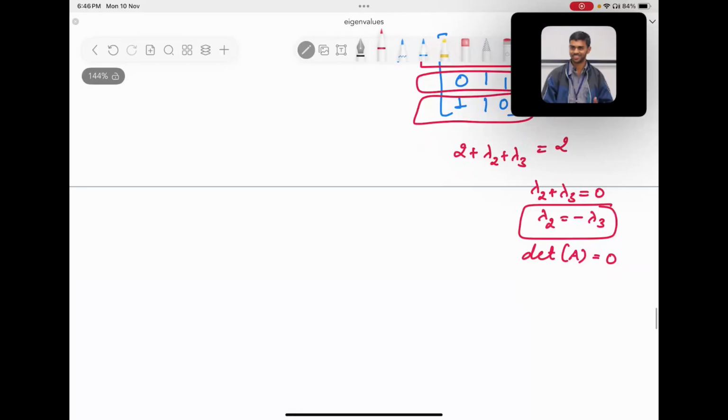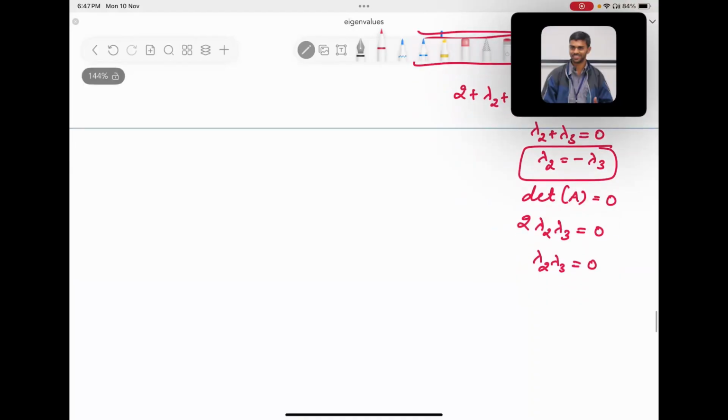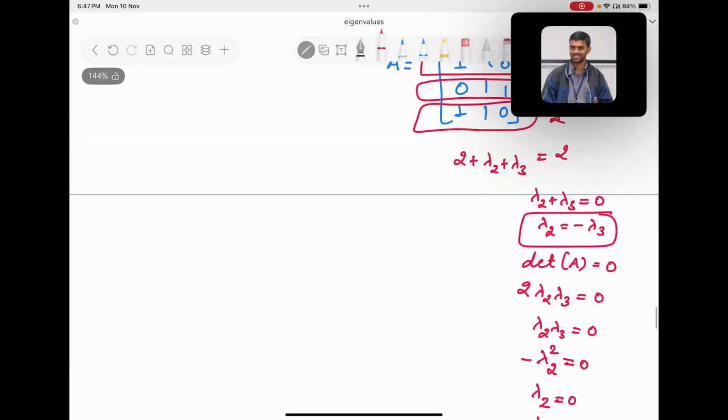The product of all eigenvalues is the determinant, so 2 lambda 2 lambda 3 equals 0, so lambda 2 lambda 3 equals 0. Since lambda 3 equals minus lambda 2, minus lambda 2 squared equals 0. So lambda 2 has to be 0 and lambda 3 has to be 0. So the eigenvalues are 2, 0, 0.